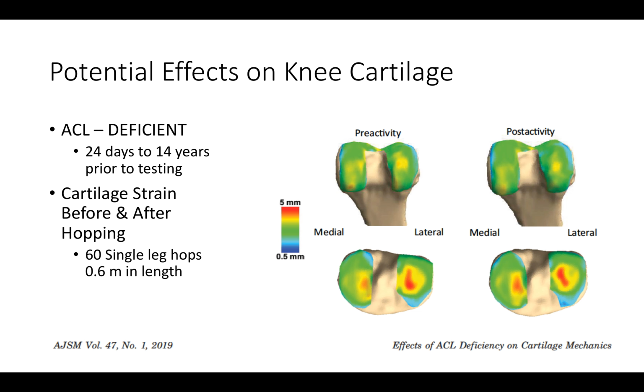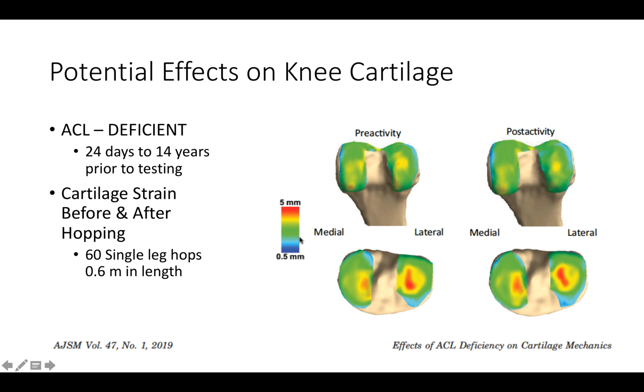They used MRIs to model cartilage strain before and after a hopping task, which was having the patients perform 60 single leg hops, a distance of 0.6 meters, before and after they did the MRIs.